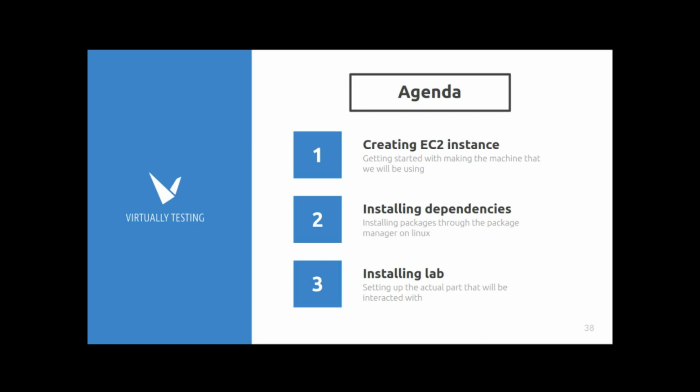In the second video, I made a LAMP stack on the EC2 instance, and I configured the LAMP stack to set it up for video 3, which is what you're watching right now. In this video, I'm going to be installing the lab portion, and it's going to be really good. It's going to tie everything together, and you'll have a finished product at the end of this video.